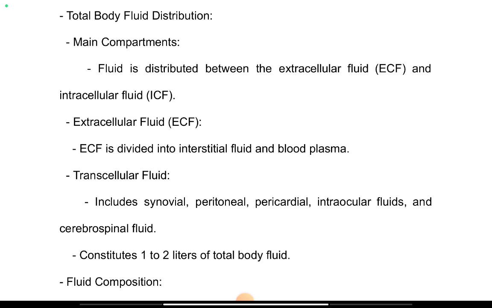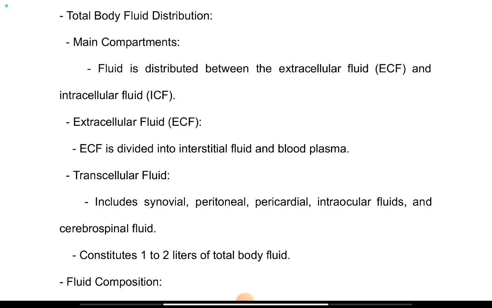In the heart, there's also the pericardial space, which contains fluid. In your eye, the anterior and the posterior eye chambers, the aqueous humor and the vitreous humor of the eye, they are also fluid. Then the cerebrospinal fluid in the ventricles of the brain and the subarachnoid space. So that is also fluid.